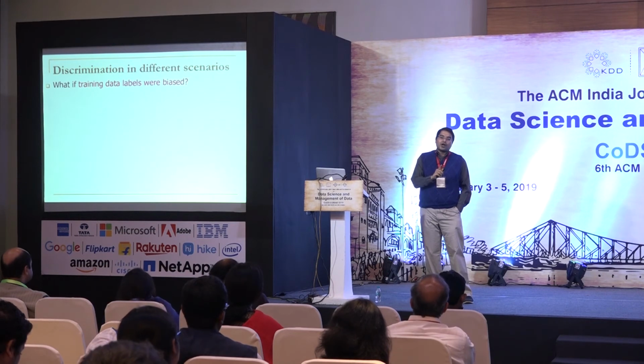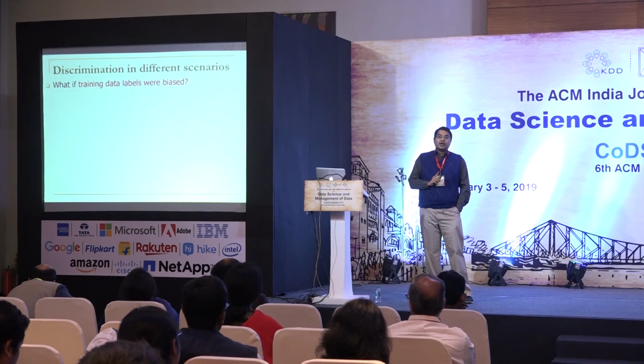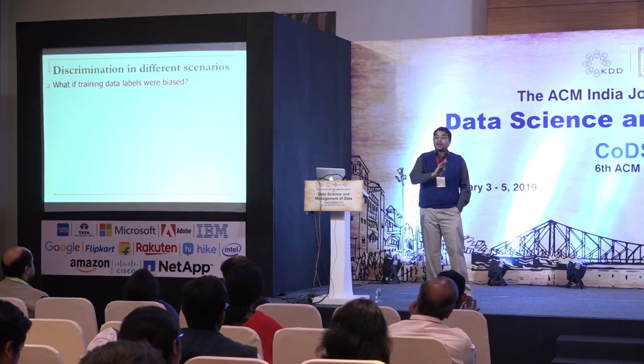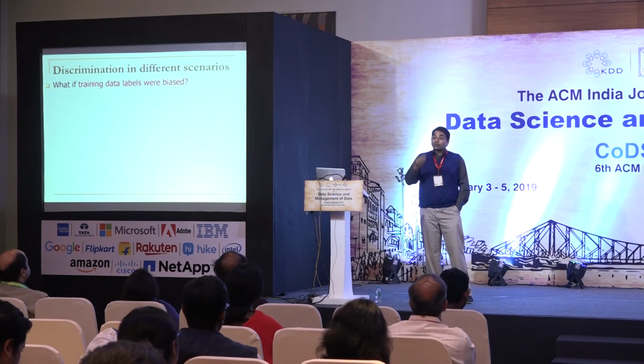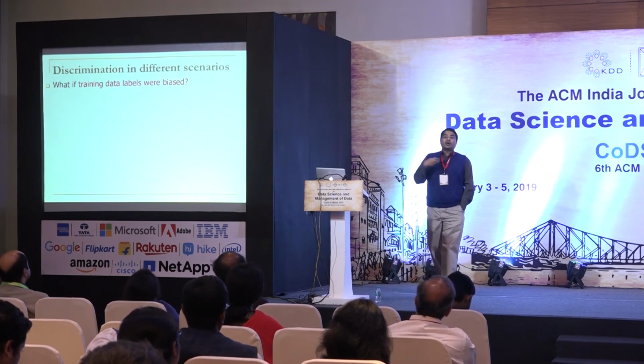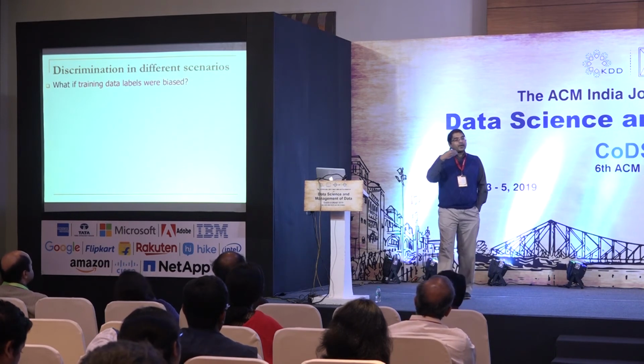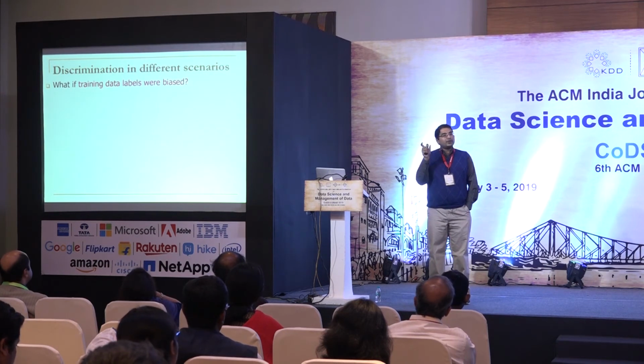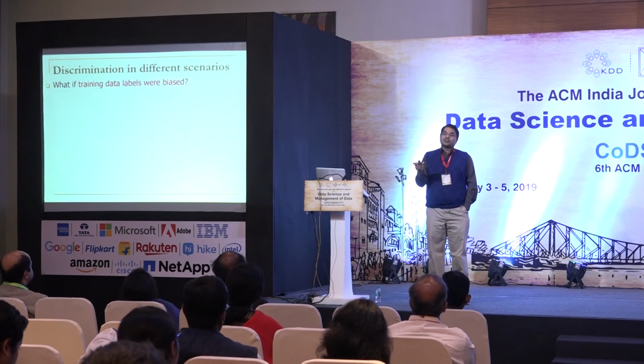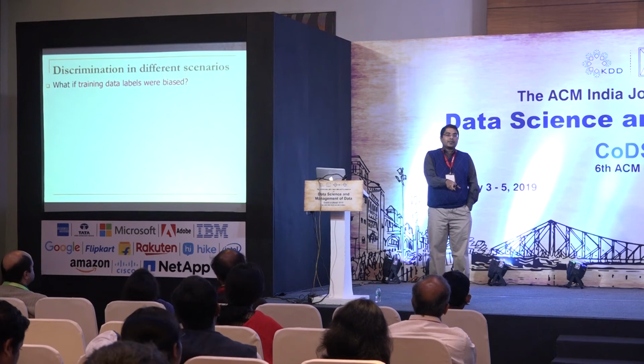Notice that in the discussion so far, I always assumed that the training data is completely unbiased. The problem with inequality in error rates did not come because the training data was biased in any way. But if the training data were to be biased, then requiring disparate mistreatment or equalizing error rates might actually be the wrong thing to do, because then you would be confirming the biases that are already in the training data.